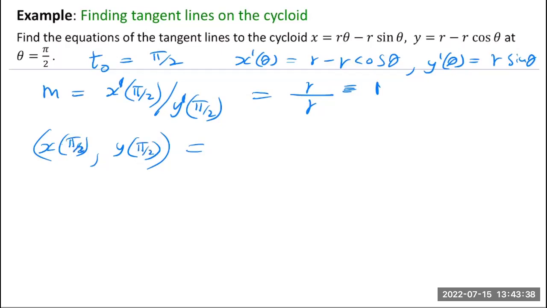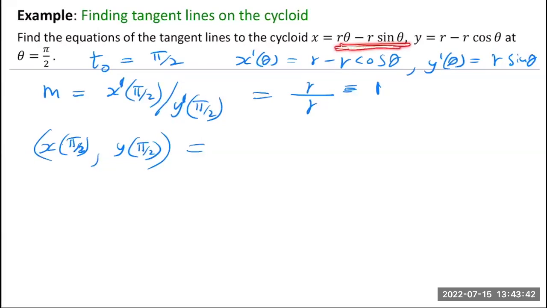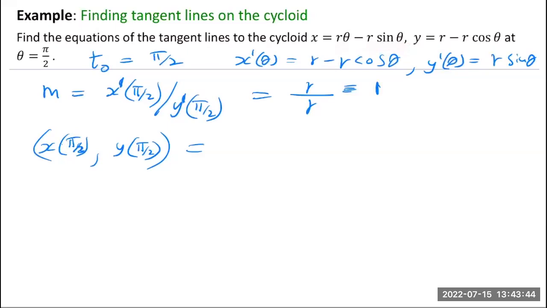Okay, if you replace that, you plug in pi over 2 in this equation to find x of pi over 2: r times pi over 2, comma, minus r sine pi over 2. To get the y coordinate, you plug in pi over 2 in the y equation, r minus r cosine pi over 2.